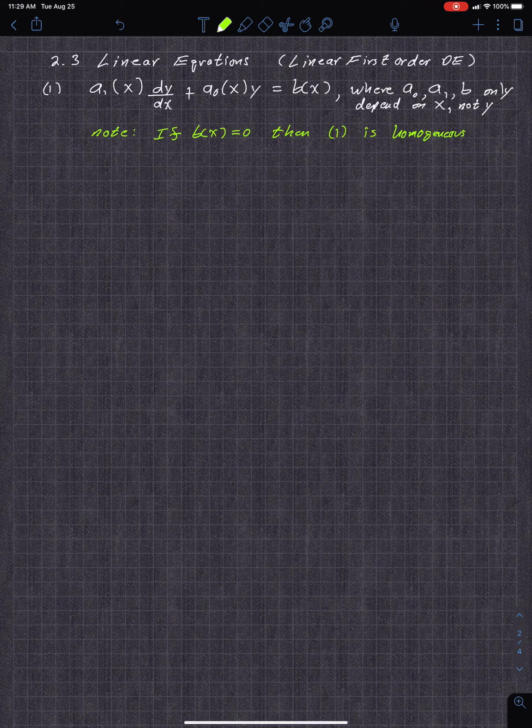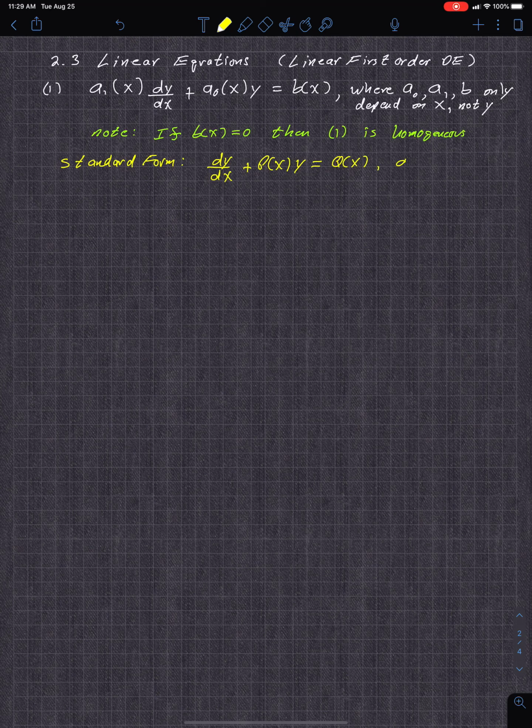The standard form is where you begin, and it looks like this: dy/dx plus capital P of x times y equal to q of x.